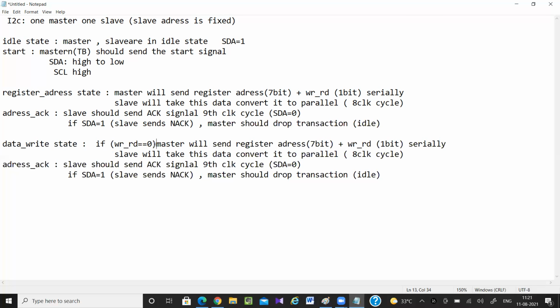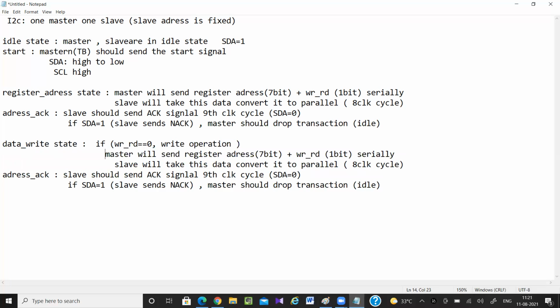So 0 means it is the write operation. Master will send 8-bit write data serially.